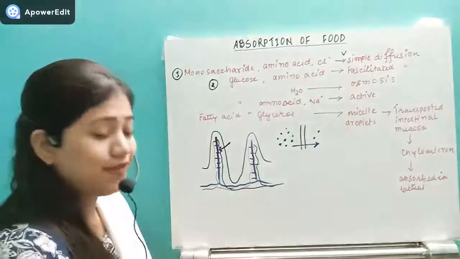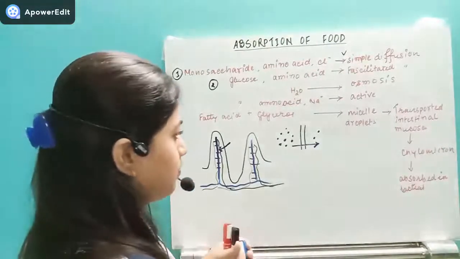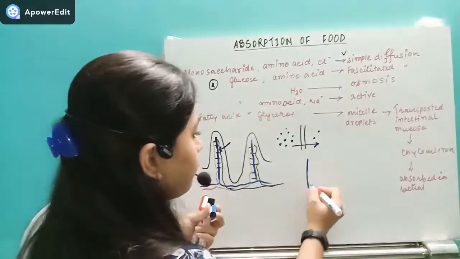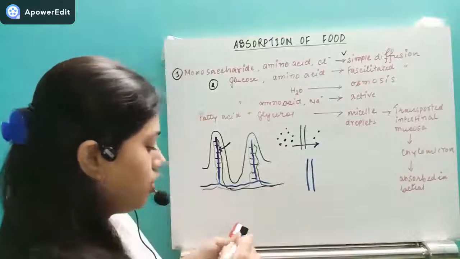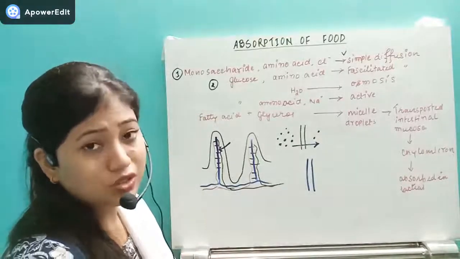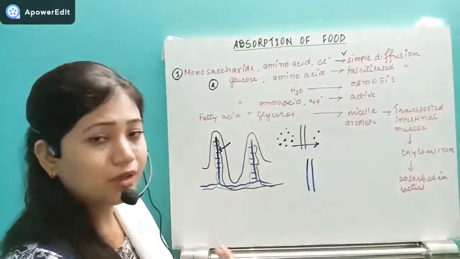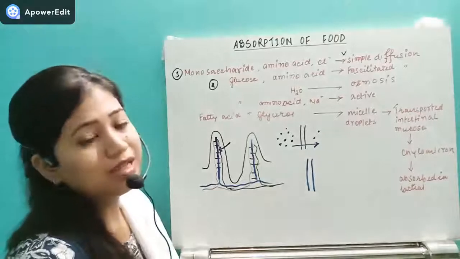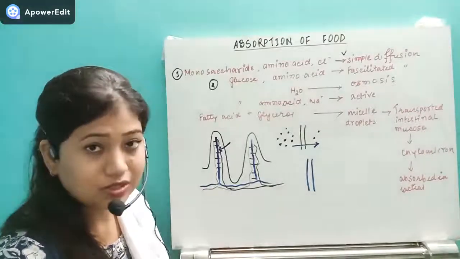Now, in facilitated diffusion, suppose you have one membrane. From the region of higher concentration to the region of lower concentration, the molecules will not be able to move by themselves. It will be by some transporter proteins, right?